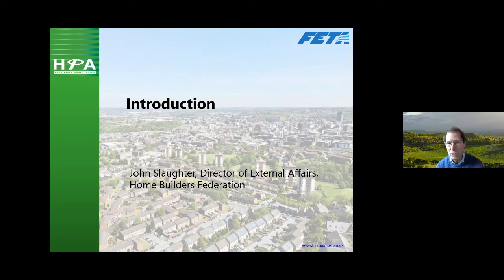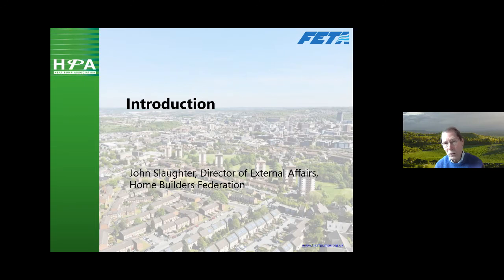Clearly, this is a very topical issue. A number of people interested in taking part today certainly shows that, but I think we've also seen that it's a topical question given the government's recent confirmation of changes to Part L of the building regulations for later this year and the Future Homes Standard for 2025.